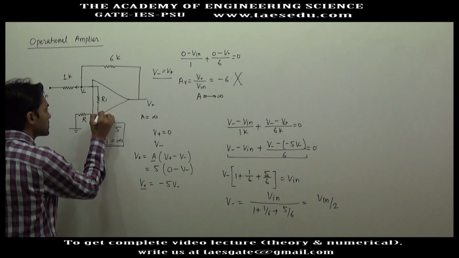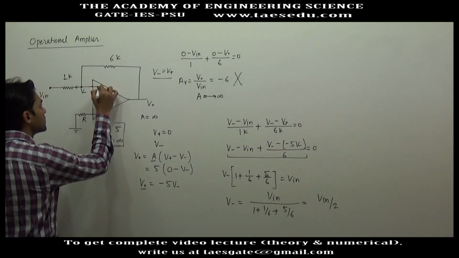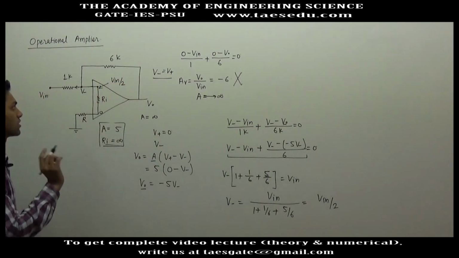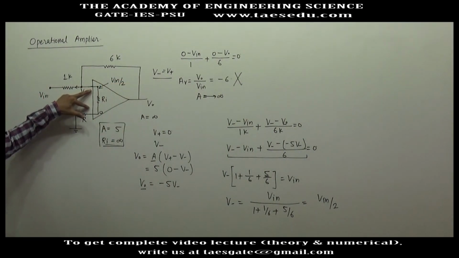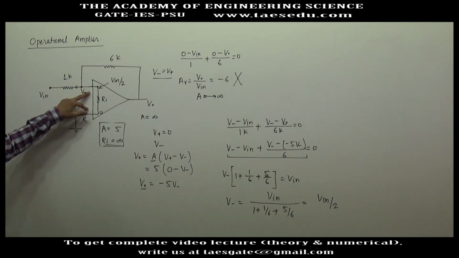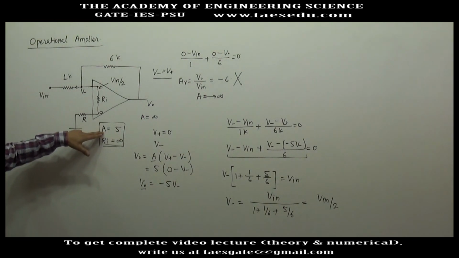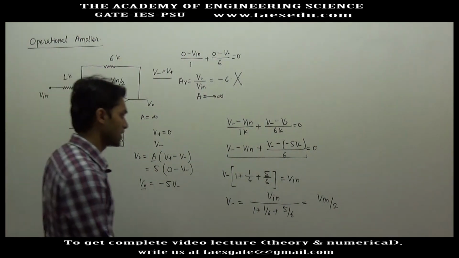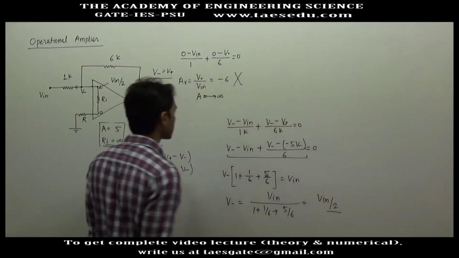So this voltage is 0 here, and this voltage is V input by 2. And what is the reason for this inequality? The reason is that we have a non-ideality here. Now you have V minus equal to V input by 2.